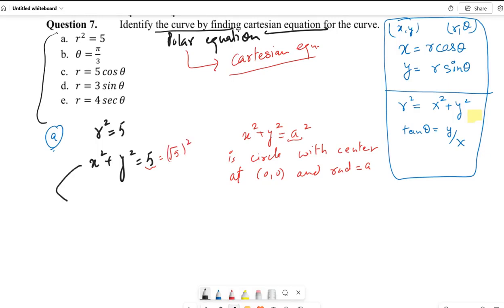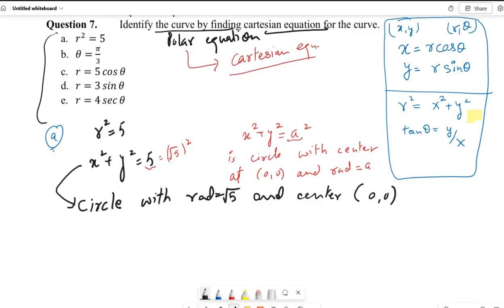Therefore, this is a circle with radius root 5 and center at 0, 0. And you can easily draw the graph of this.